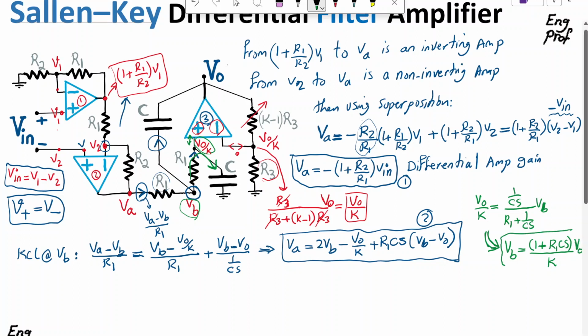Well, the significance of this equation 3 is I can substitute using equation 3 in equation 2, whenever I see VB, just substitute VB with some scale of V out. So let's do that.